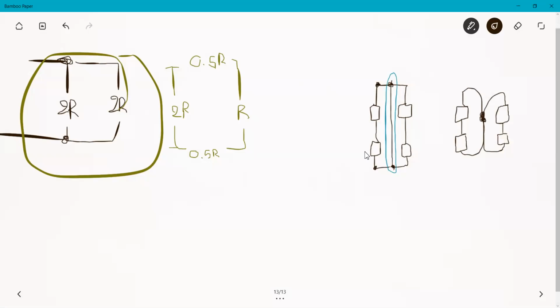Okay. So then the question is between A and B. So between this A here and this B there. So let's rewrite the circuits again like this.